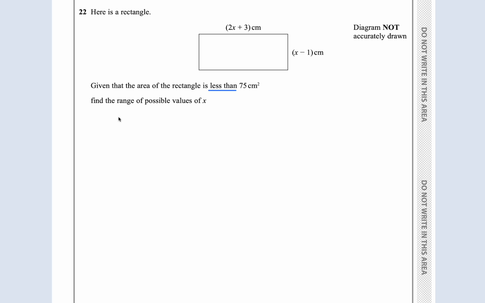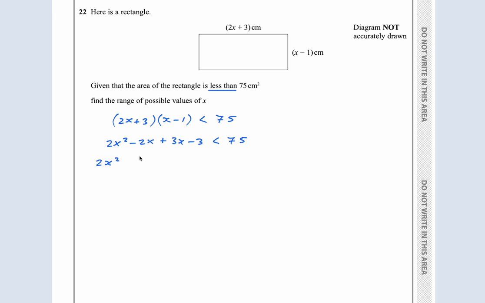So we can all get this mark. 2x plus 3 times x minus 1 is less than 75. Area is less than 75. Okay, now we have to multiply this out. 2x times x, 2x squared, 2x times minus 1 minus 2x, 3 times x is 3x, 3 times negative 1 is minus 3, and this is all less than 75.